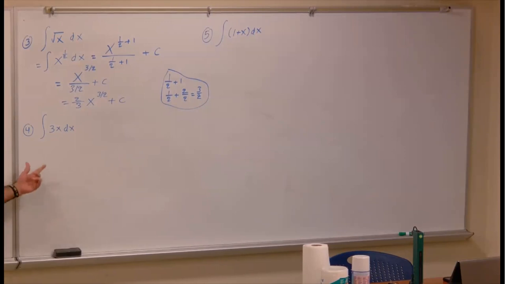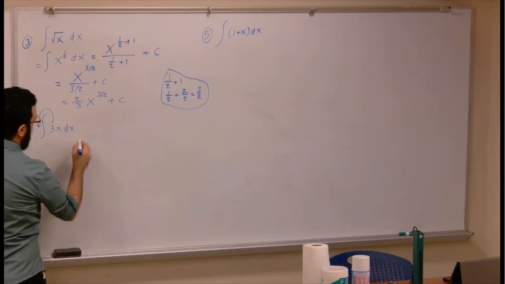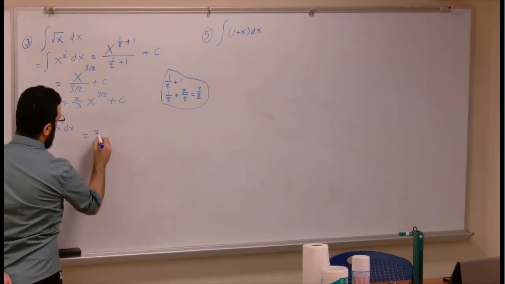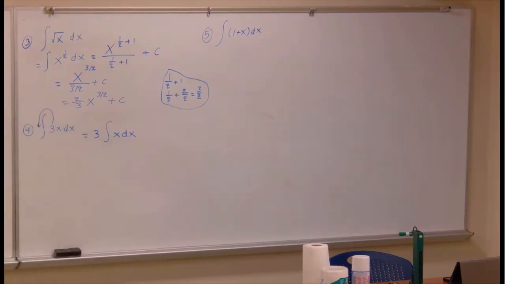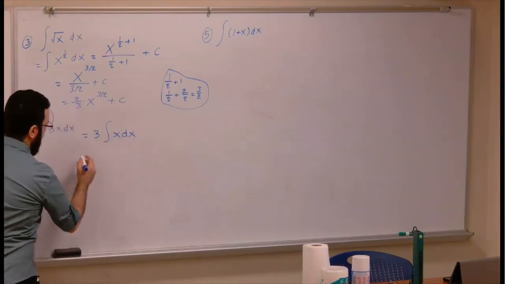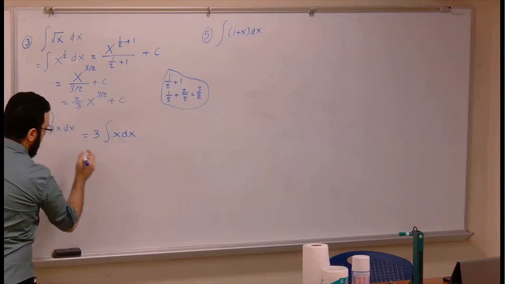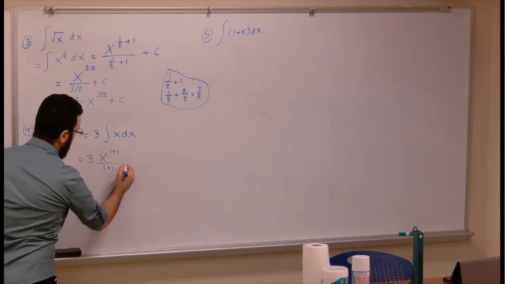The same thing if we have the integral of 3x dx. 3 is a constant. So I can take the 3 outside the integral. So this one is going to be the same thing, 3 times the integral of x dx. Now by using the third rule, the integral for x, the exponent here is 1, so you're going to add 1. That means it's going to be 3 times x to the 1 plus 1 over 1 plus 1, and you have to add the c.